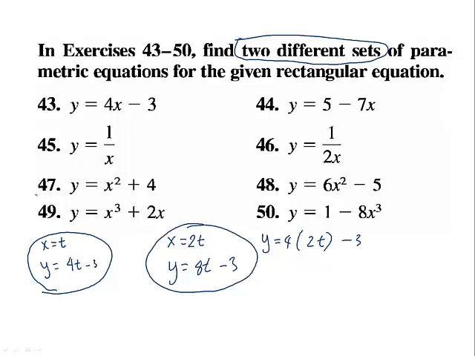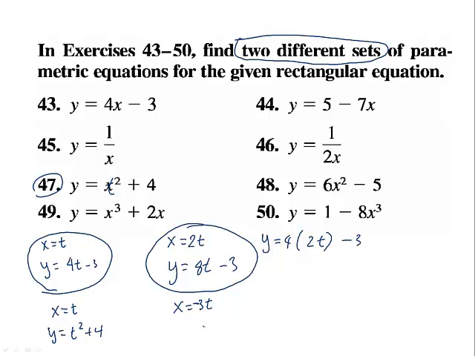Okay, let's do 47. If we do the easy one, just let x is equal to t, then y is equal to t squared plus 4, right? Just put the t right here, like that. Okay, but then you have to come up with another one. I used 2t before. Let's make this a little more interesting and do 3t. All right, how about a negative 3t?